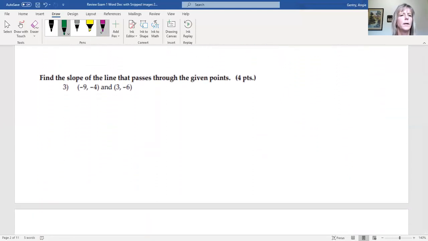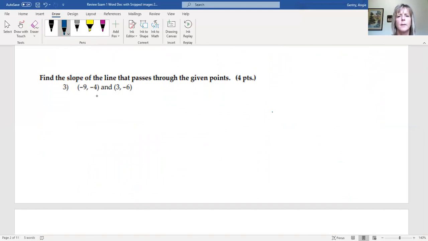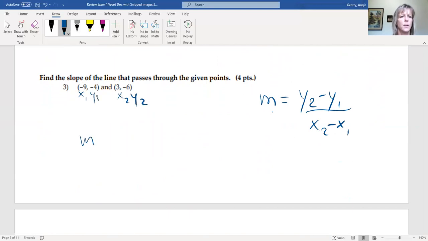Find the slope of the line. At the beginning of your test, it gives you some formulas, and you should use the slope formula in this case. So we're going to label this x1, y1, x2, y2. m equals y2 minus y1.